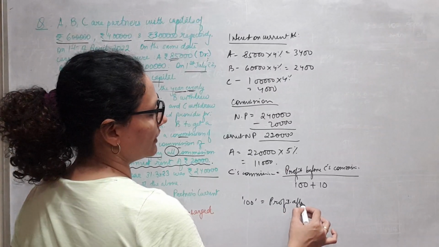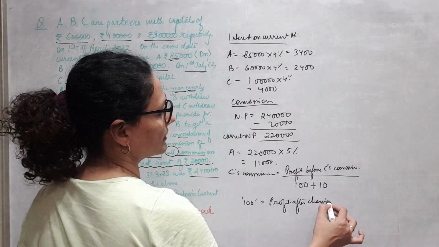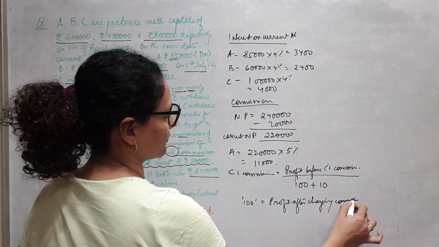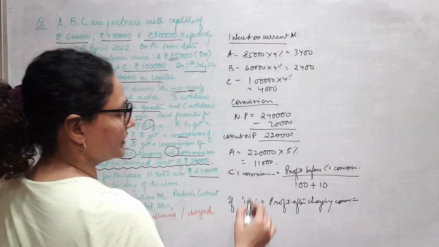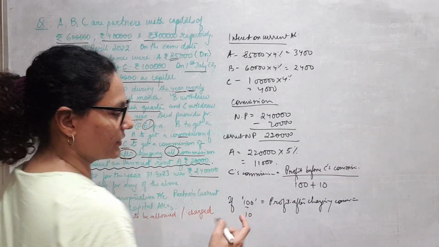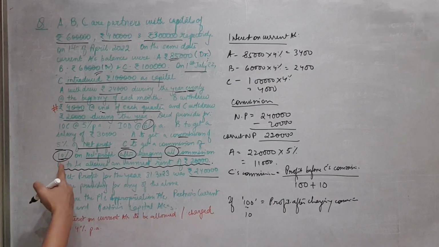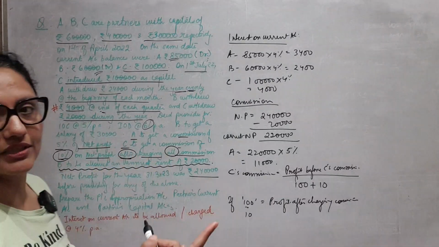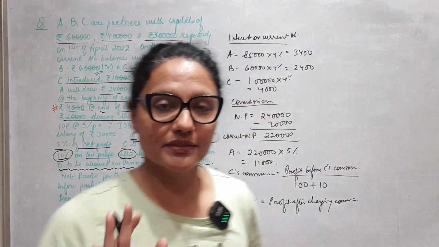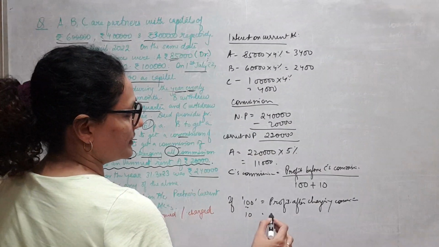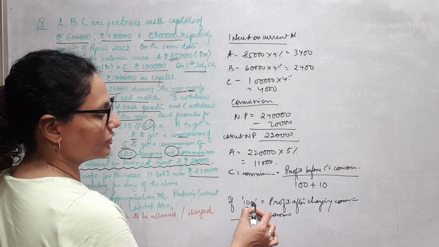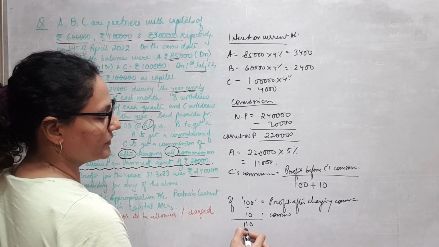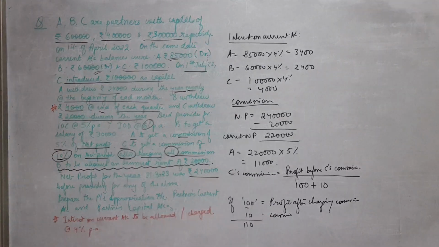If 100 is the profit after charging commission, commission will be 10% of this, because it is said that 10% you have to give on the profit after charging commission. So it's just that percentage thing. So profit before charging commission should be 100 plus the commission, which is 110%.